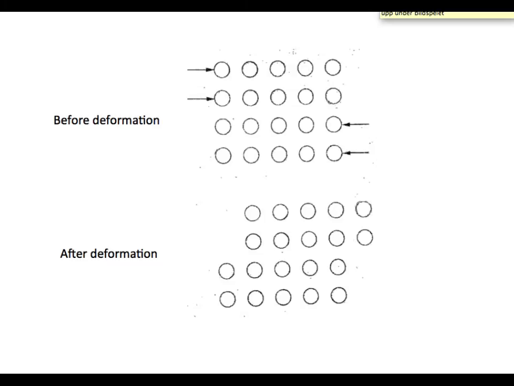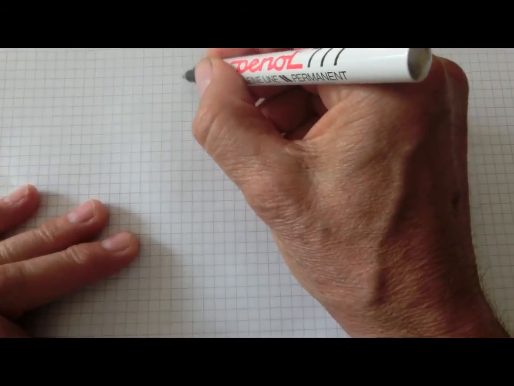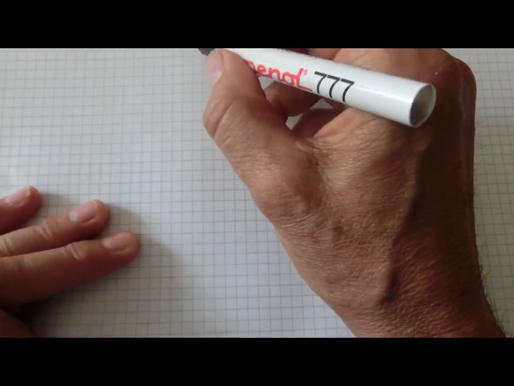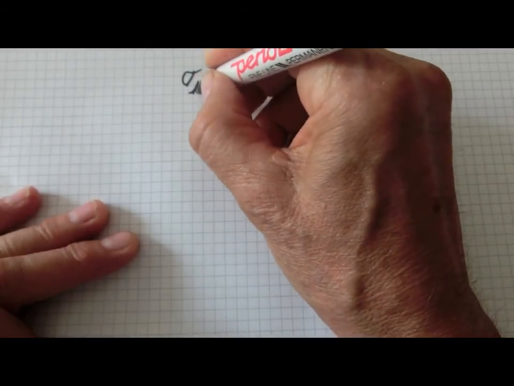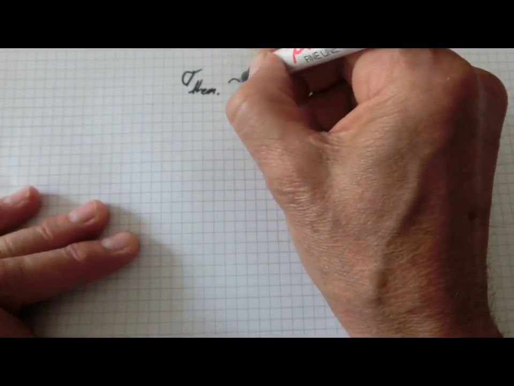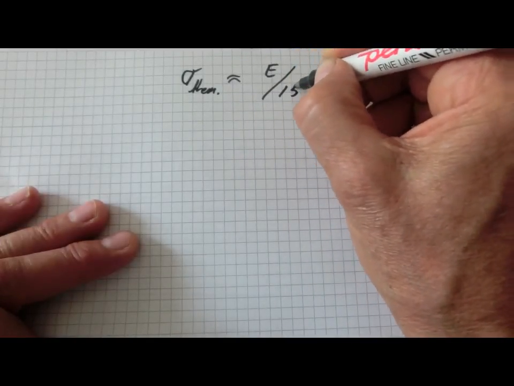If you assume that all atomic bonds in the plane transverse to the deformation direction are broken at once, we can obtain an approximate value. This has been done. That approximate value is roughly elastic modulus divided by 15. That is like this. Theoretical strength is roughly elastic modulus divided by 15.